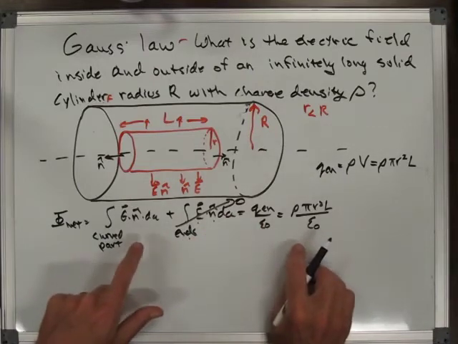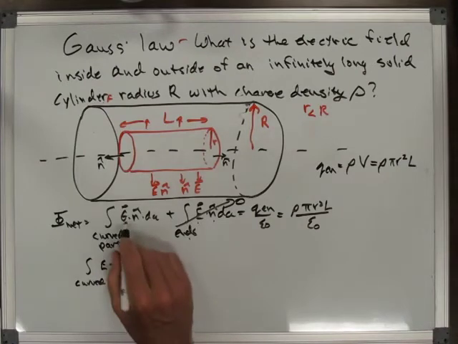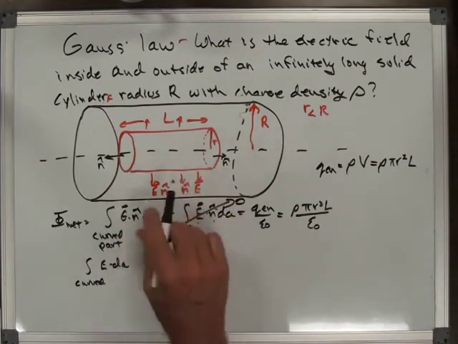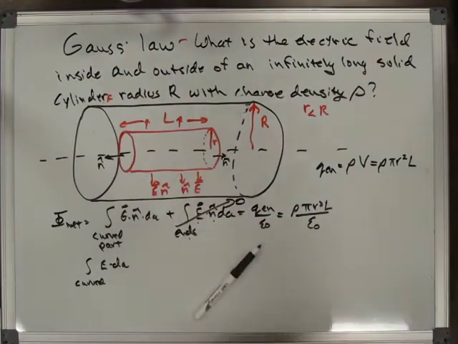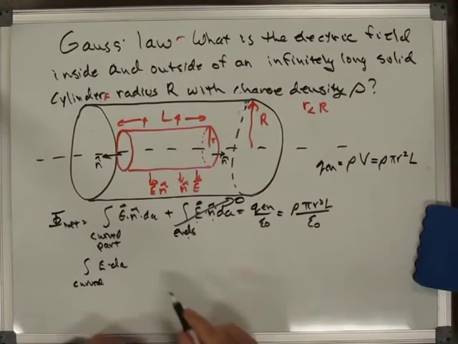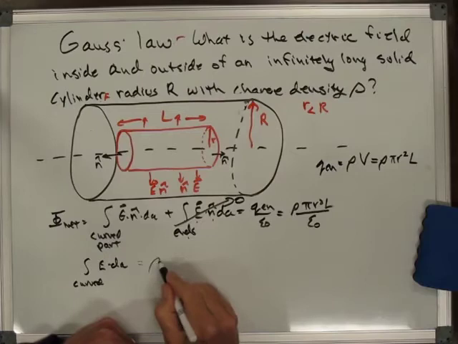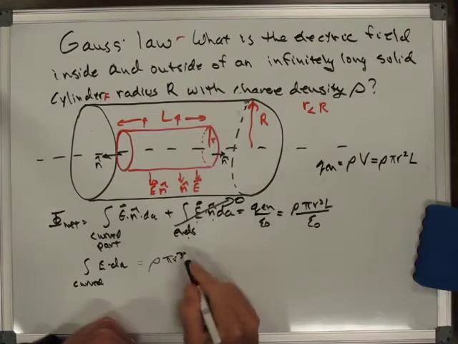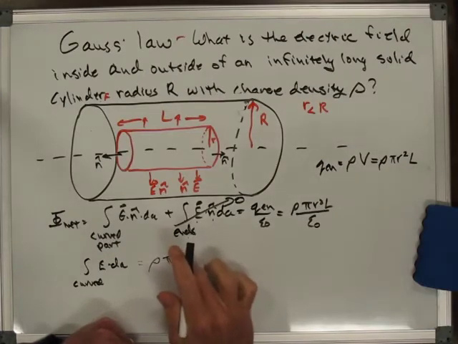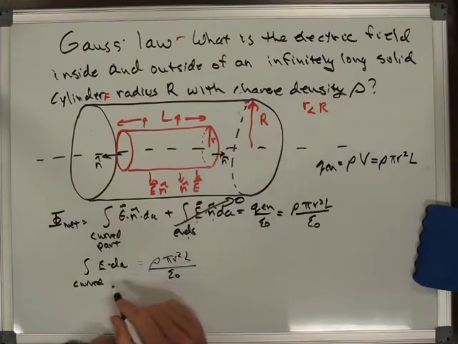And so if I just take these two pieces, I get the integral over the curved part of E times dA. I don't have to worry about the dot product anymore because the electric field and the unit vector point in the same direction. So the integral over the curved part of E dA is equal to rho pi r squared L over epsilon naught.